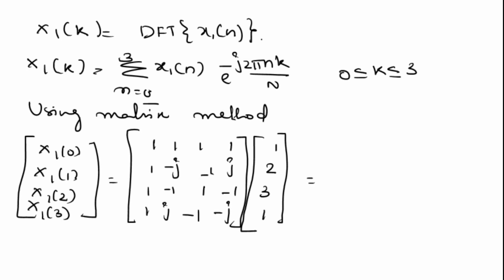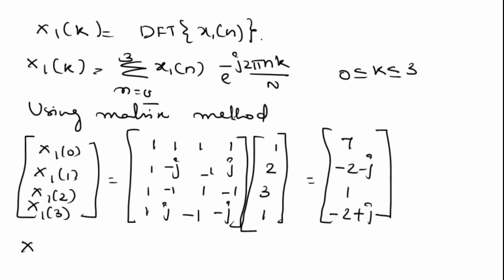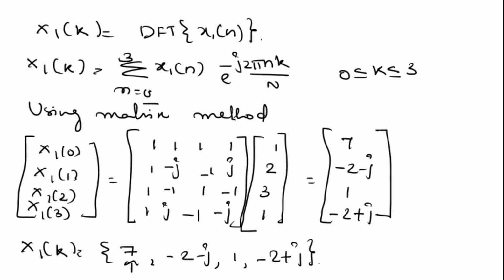So the answer will be: first one is the algebraic sum, it's 7, then minus 2 minus j, 1, and the last one is the conjugate of the second one, minus 2 plus j. So we can write x1 of k is equal to 7, minus 2 minus j, 1 and minus 2 plus j.